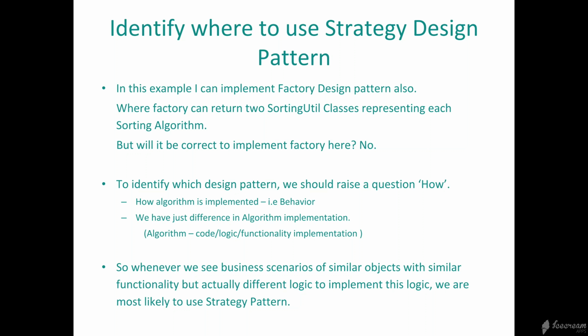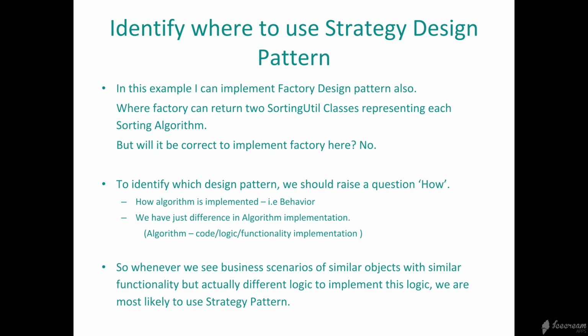In this example, I can implement the factory design pattern too, where the factory can return two sorting utility classes representing each sorting algorithm. But that would be an incorrect implementation. Factory is a creational design pattern while strategy is a behavioral design pattern.